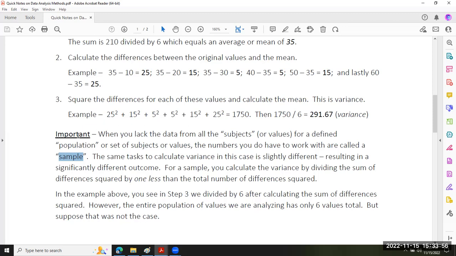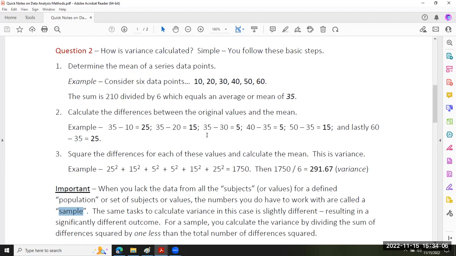Does everybody understand what we mean when we say sample? If I measure all 6 data points and I have only 6 data points, is that an example of sampling?